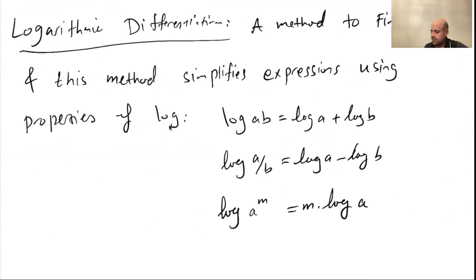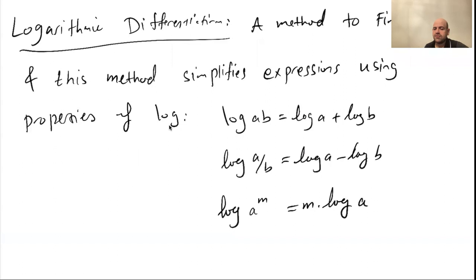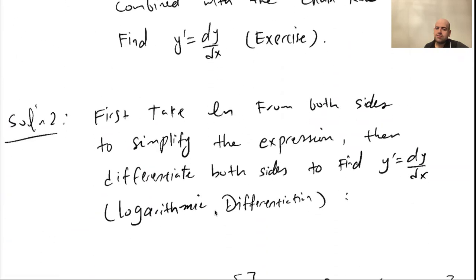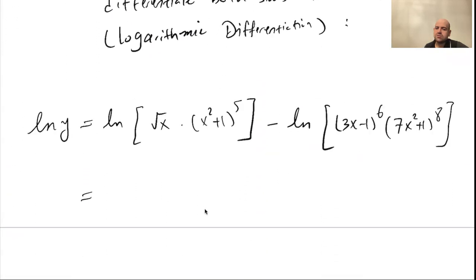So I'm using, see, I wrote 3 important properties of logarithm here for you. Logarithm of a quotient is logarithm of top minus logarithm of bottom. Then logarithm of a product is logarithm of first plus logarithm of second. But for each term, if we have a power, we can take the power out. So ln of root x is our first term, and root x means x to power 1/2. So power 1/2 can be taken out: 1/2 ln x plus, right? ln of the product of these two means ln of first plus ln of second. Now for ln of the second, again, the second term here has a power.